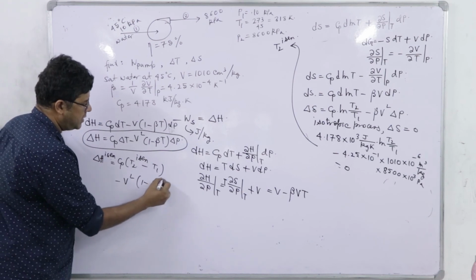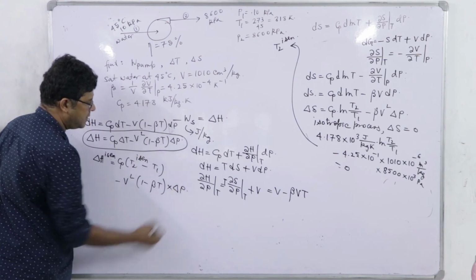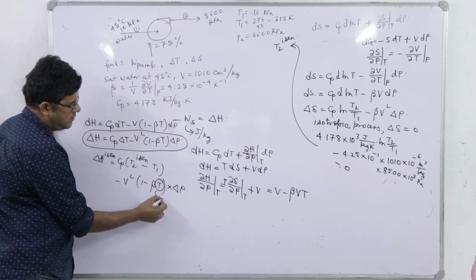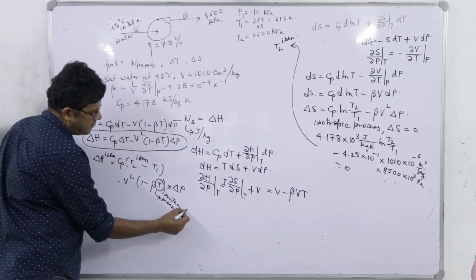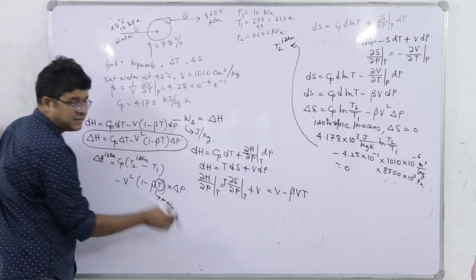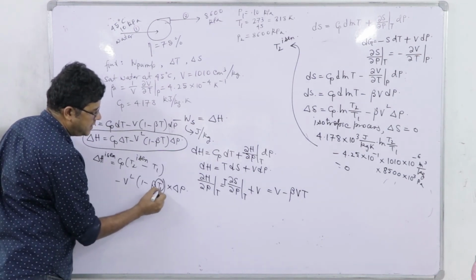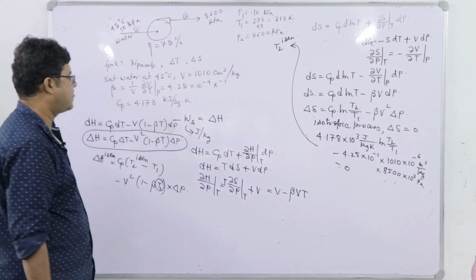Right. So this T we can take as the arithmetic mean, or, as the temperature change in a pump is very small, this will be T1, right. So I will get delta H isentropic.